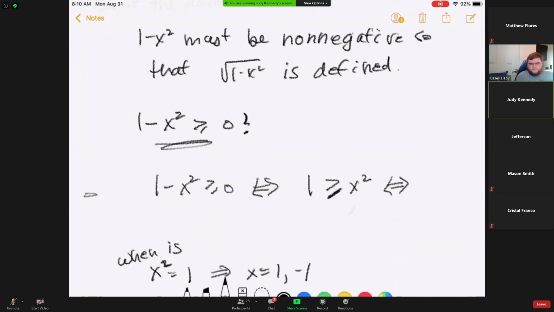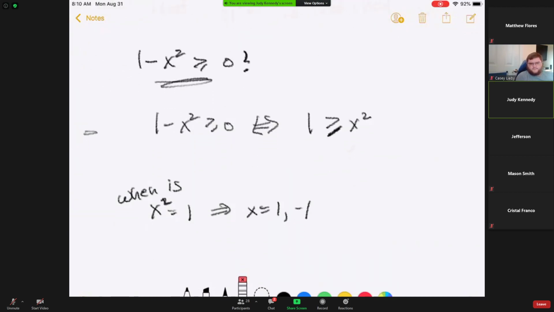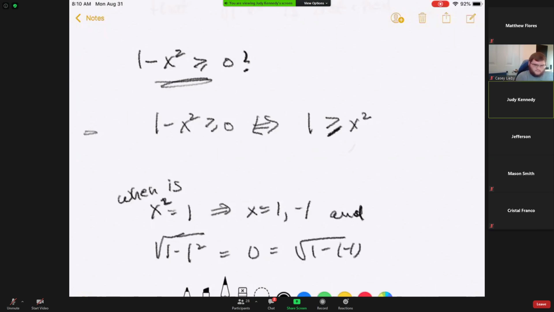So whenever you put in 1 or -1, you get the square root of 1 minus 1 squared, which is 0, and it's also 0 for the other one.